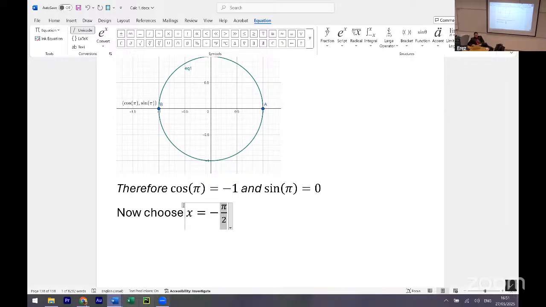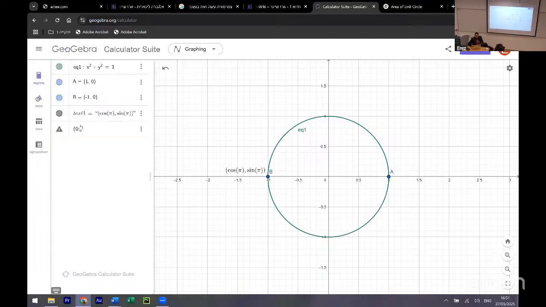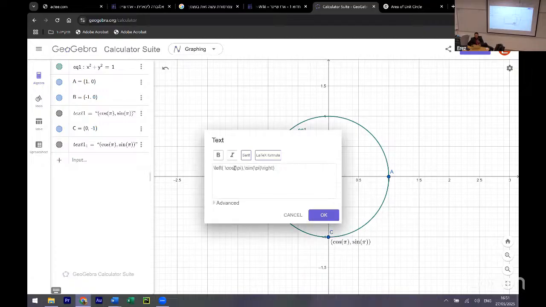That's what the definition tells us. So if I go a quarter of a circumference clockwise, I get to this point. This point is (0, -1). And by definition, the values here are cosine of minus pi over 2 and sine of minus pi over 2.